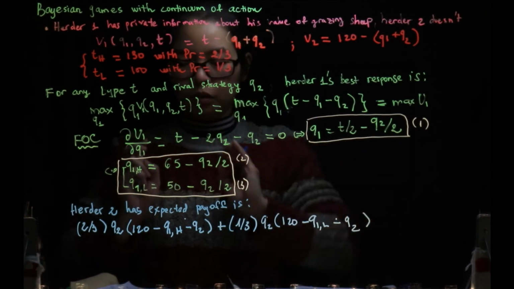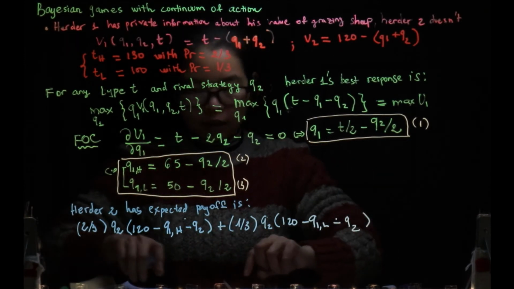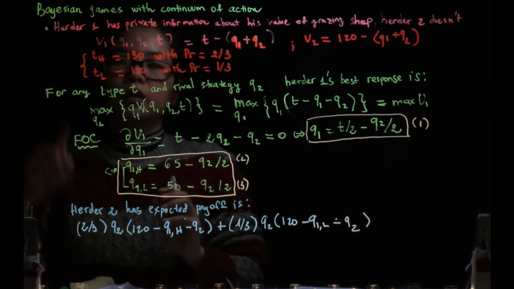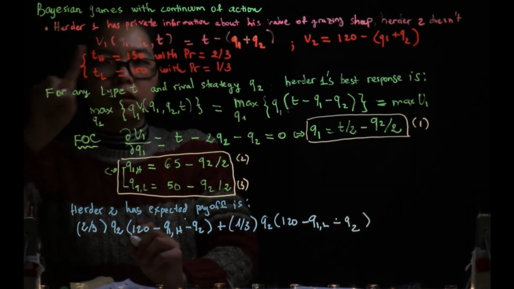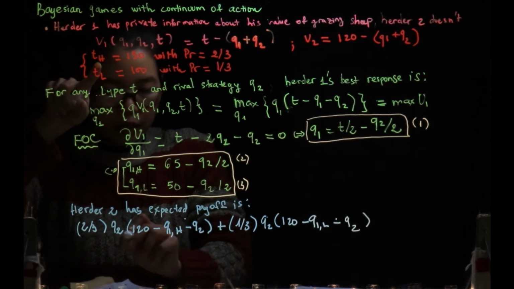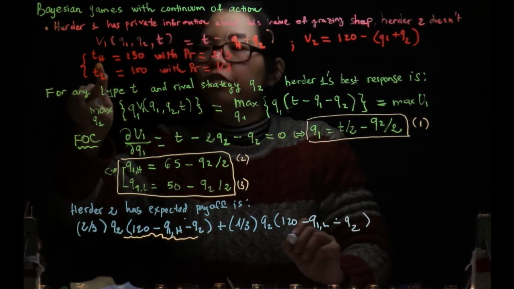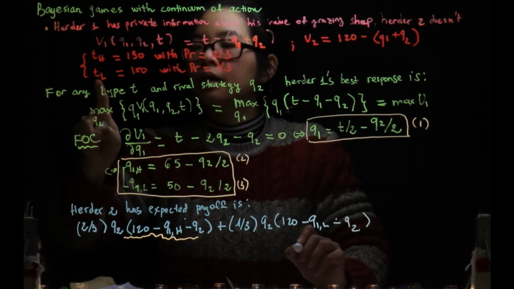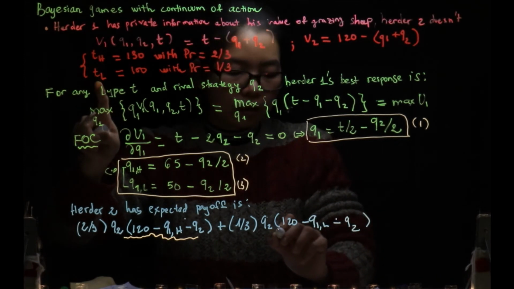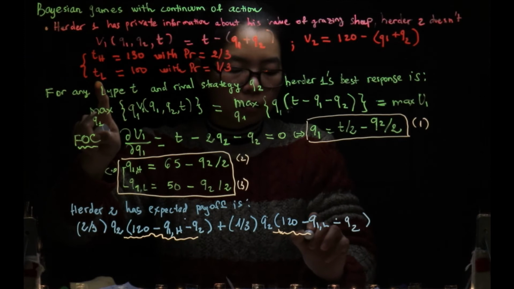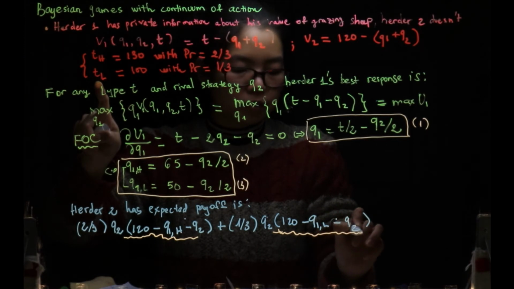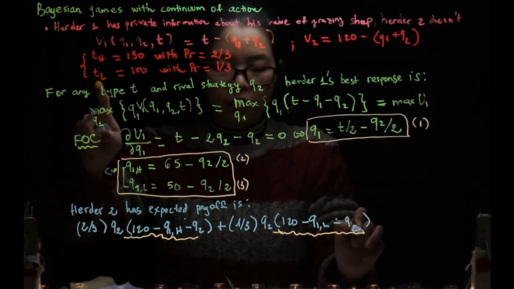Just to make it a bit clear, if player 1 is the high type, he faces this payoff. If player 1 is the low type, the second herder will face this total value of payoff.